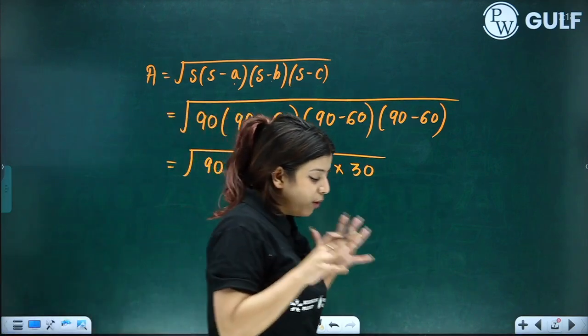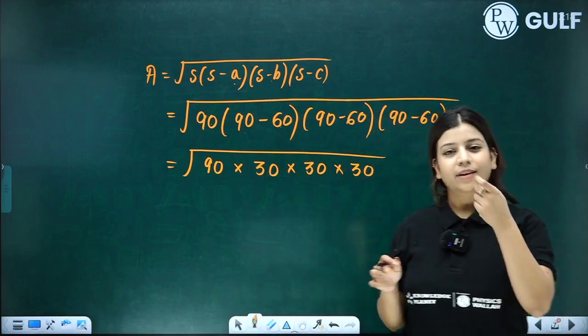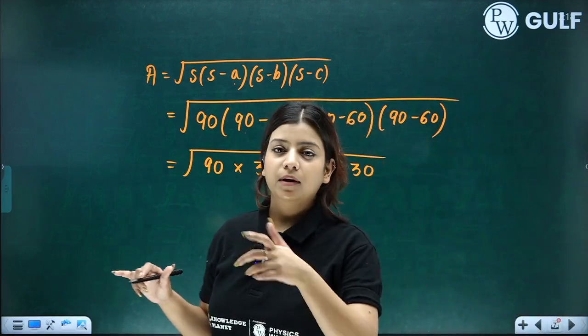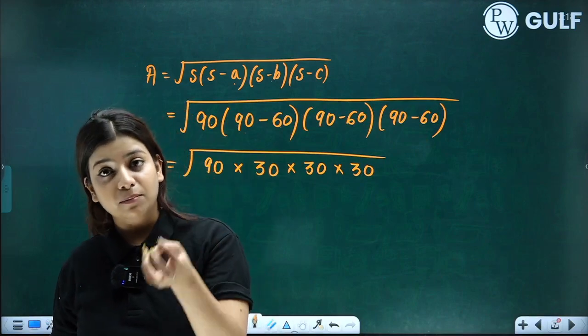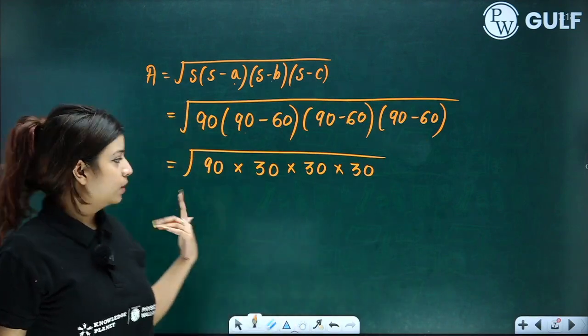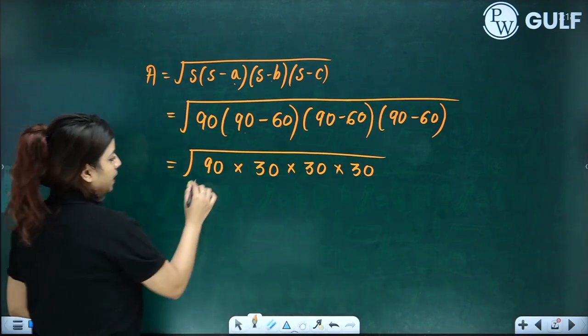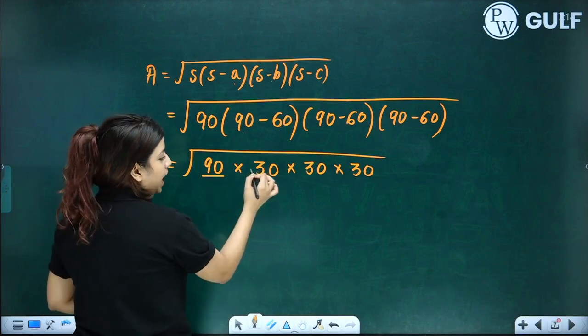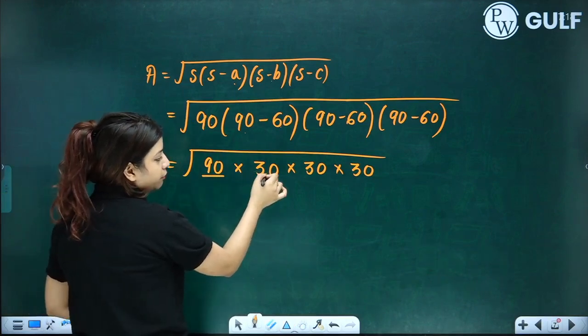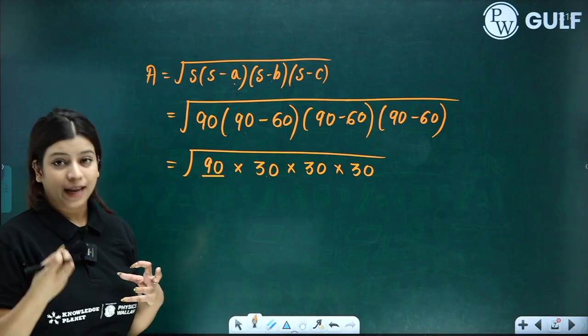Now as we are all aware, if prime numbers are in pairs, they come out of the root, right? And if we can take any number out of the root, we can take it out. For example, over here we take this 90, and we can write 30 as 3 into 10.